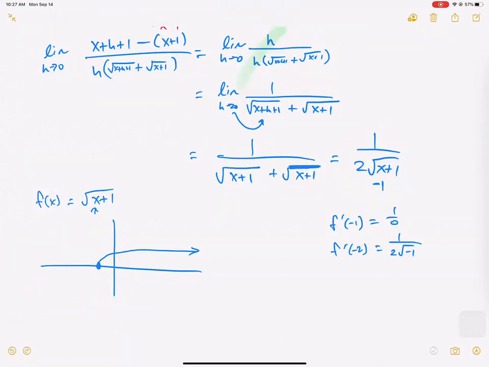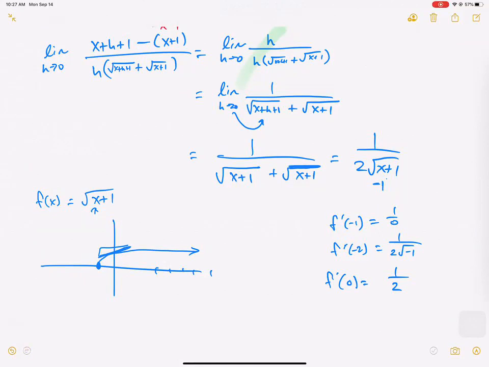If I plug in 0, f prime at 0, that's 1 over 2. Hey, that slope here is not very strong. It's 1 over 2. As x gets bigger, that makes the square root denominator become bigger, so the number flattens out to become 0.